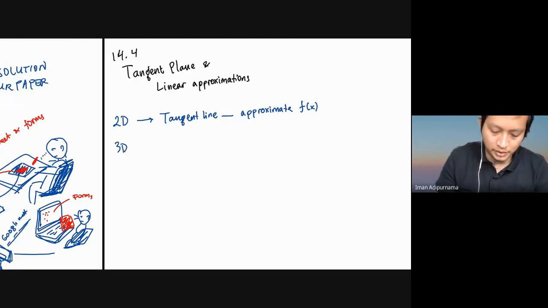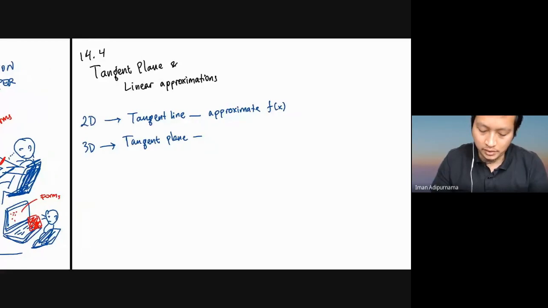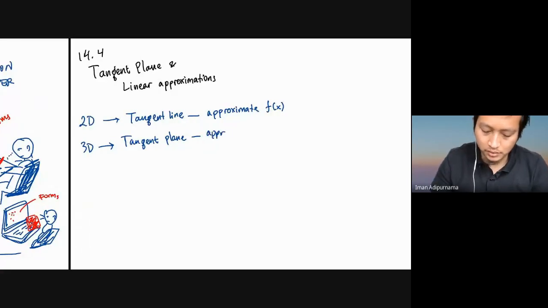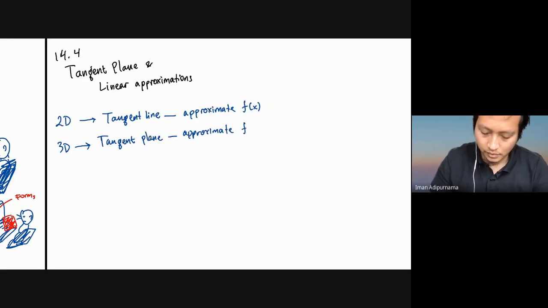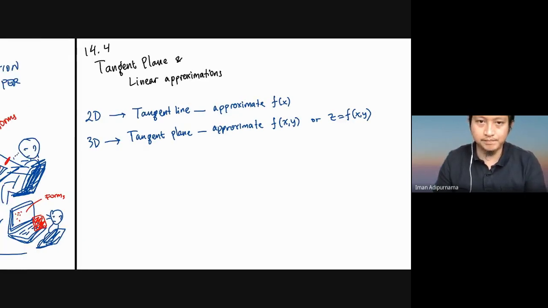And in 3 dimensions, like today's calculus, we need to figure out how to make a tangent plane from the surface. And by the end, we will approximate the two-variable function, or z. You want to write it completely like that.